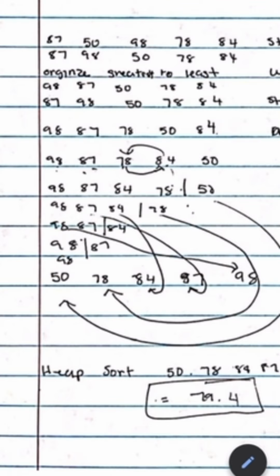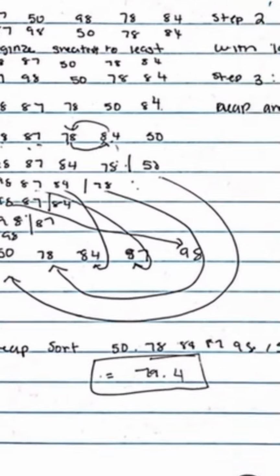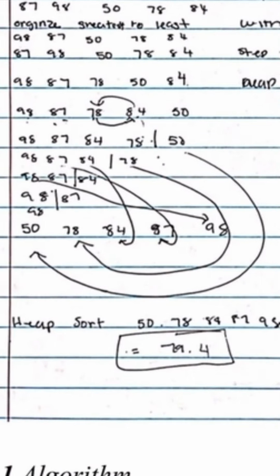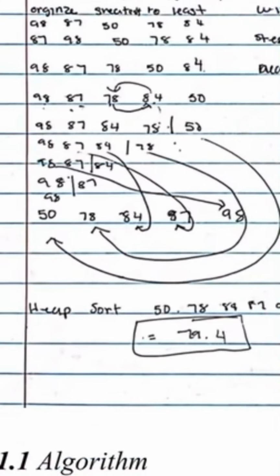It's either going to stay the same, and then it's going to compare 50 to 98, and then 50 is going to move to the right, and 98 is going to move to the left, and so on and so forth. So that's basically what it's doing. And here are the arrows that I demonstrated of how the heap sort order is going to be. So yes, that is the algorithm.